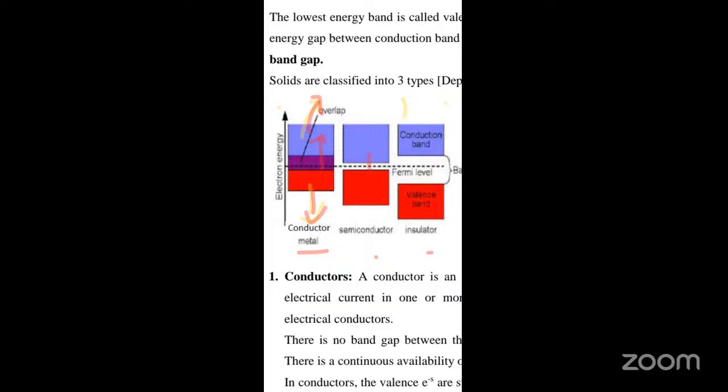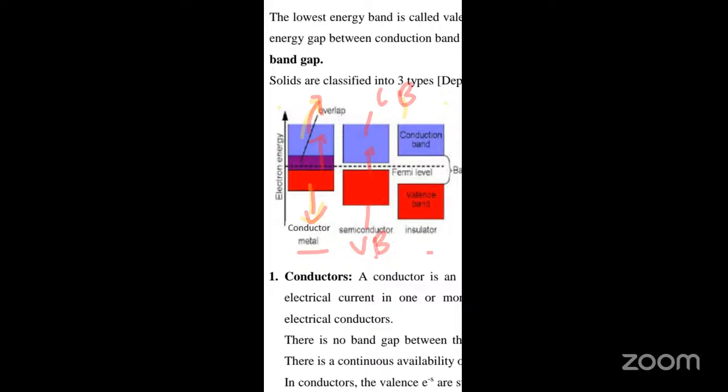Here is the gap between the conduction band and the valence band, and it is very small. When the gap is small, few electrons are transferred from the valence band to the conduction band. Therefore, that can give a little bit of conductivity. Such types of materials are known as semiconductors.